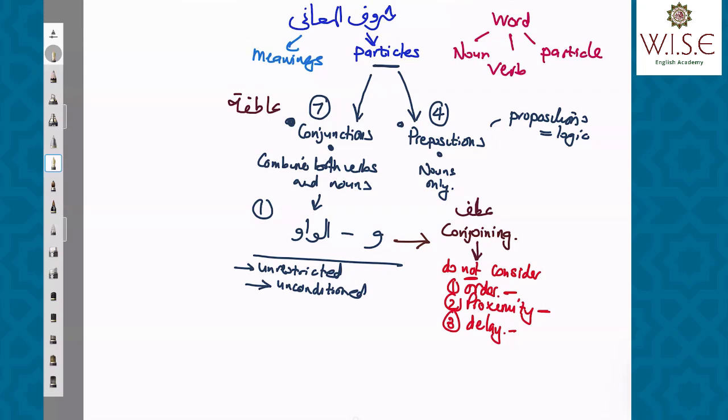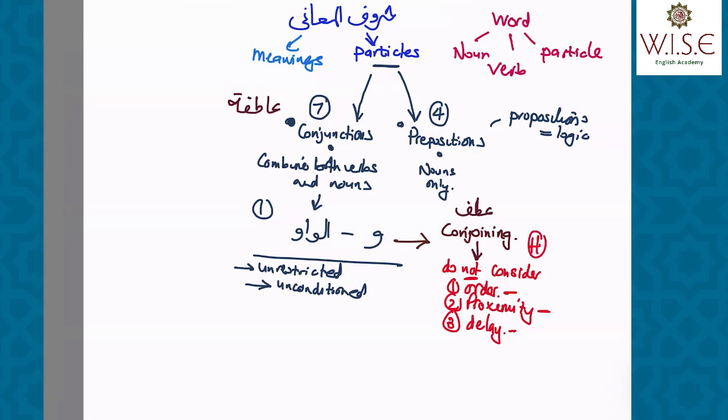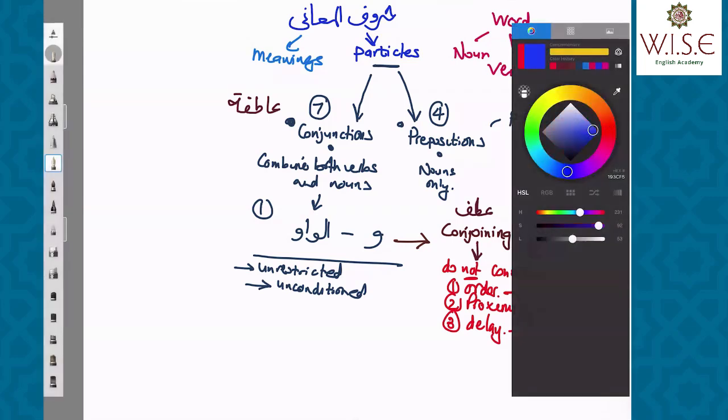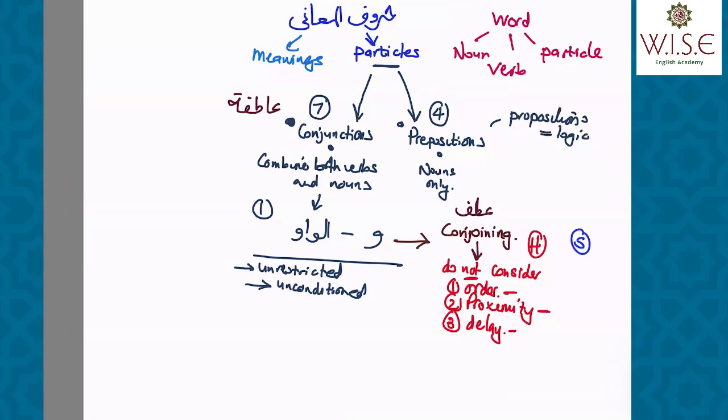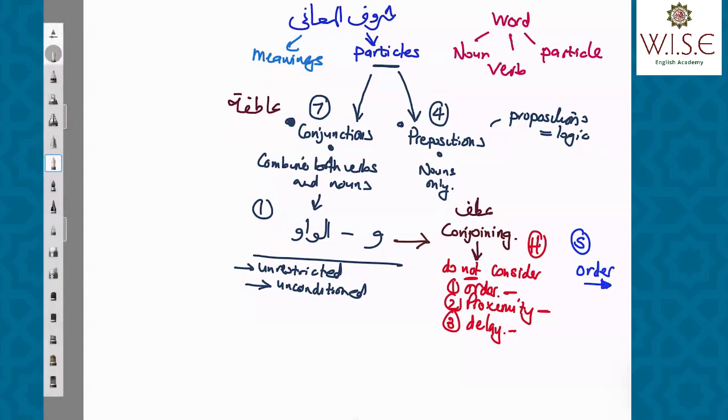So for the Hanafis, this is important. Our friends, the Shafi'is, they would say that no, it is an order. There's a tartib to it. There's an order to it. So this is where we disagree.